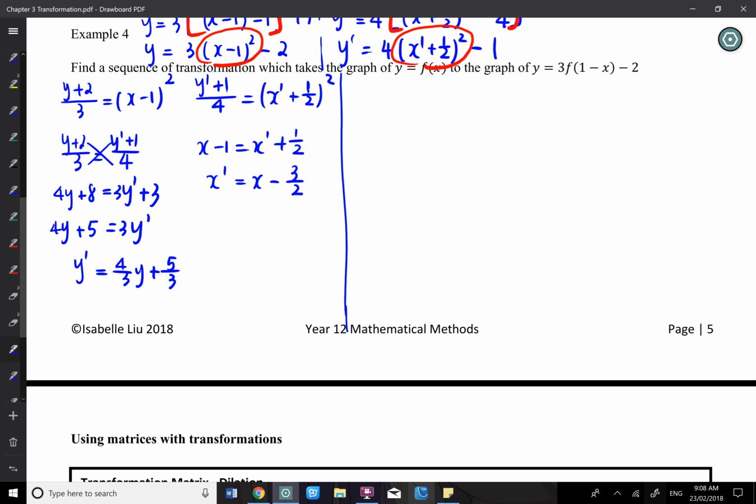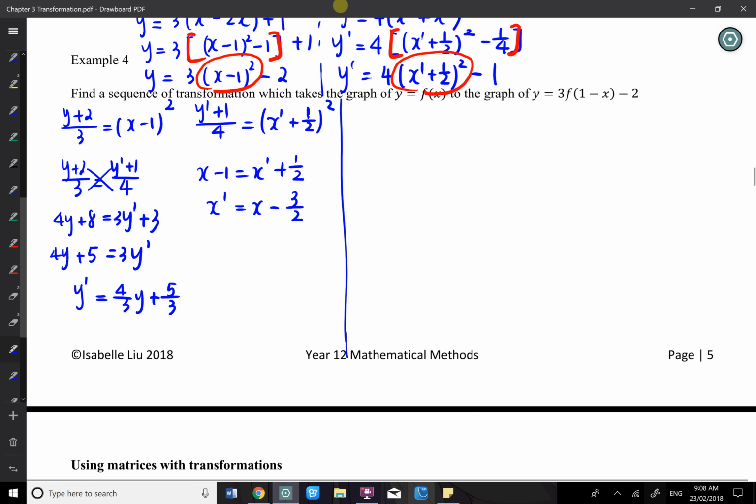Therefore, what I need to do is combine the value back into the bracket. Like for example, the 3 needs to go back into the bracket. The 4 needs to go back into the bracket, because that's changing the x. If you put the value back into the bracket, you are changing your x value.